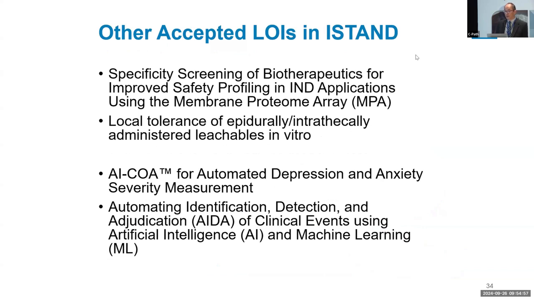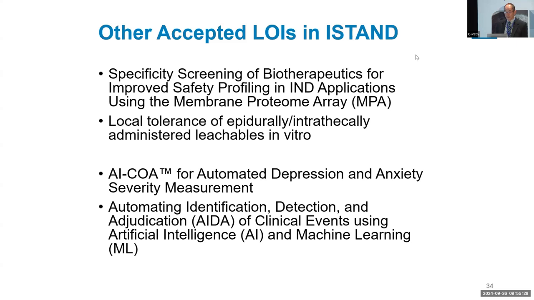Most tissue cross-reactivity assessments are done through animal models. However, of course, animal models have many limitations, and this technology will create expression of more than 5,000 membrane proteins on the cell surface, and you'll be able to not only screen, but identify the off-target proteins.